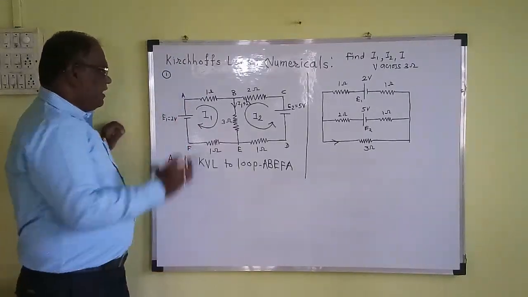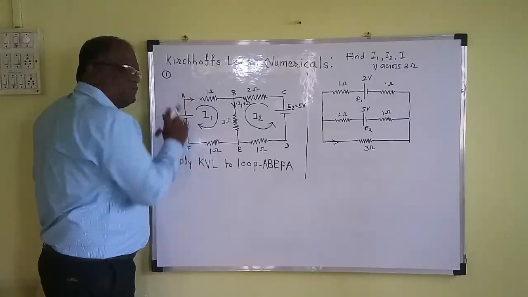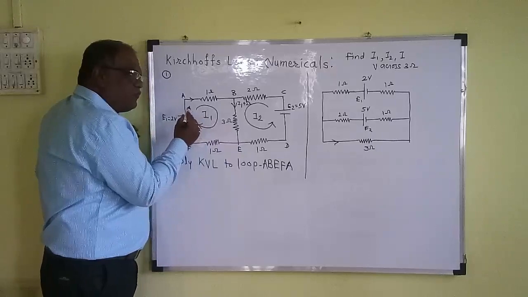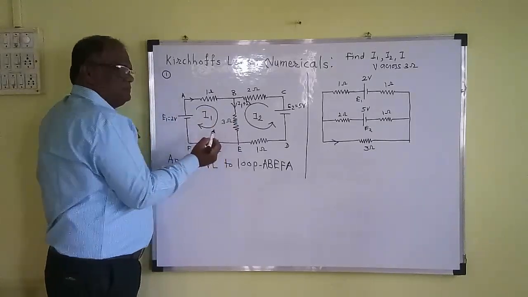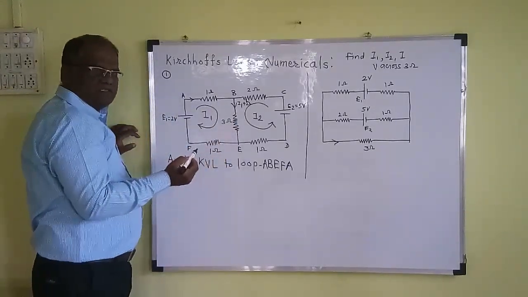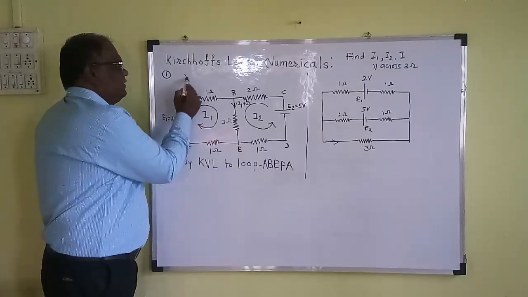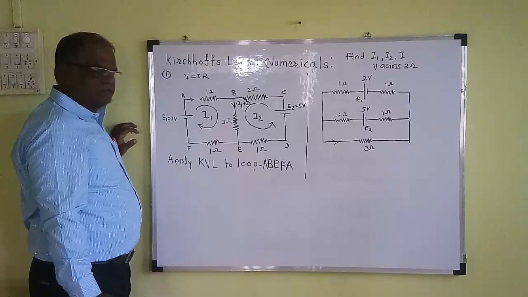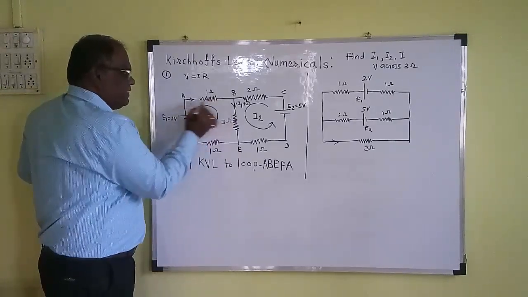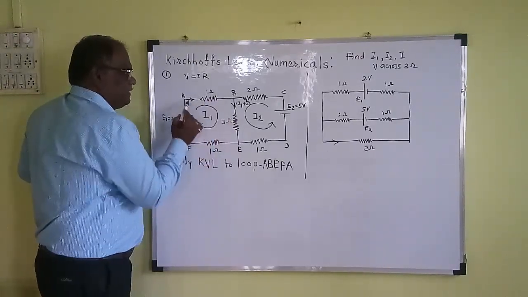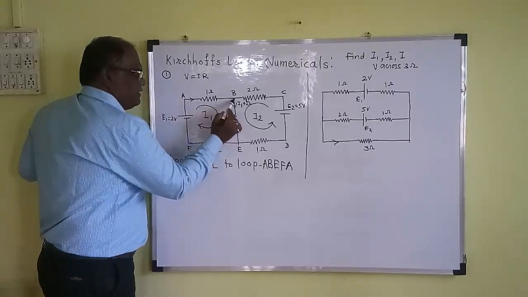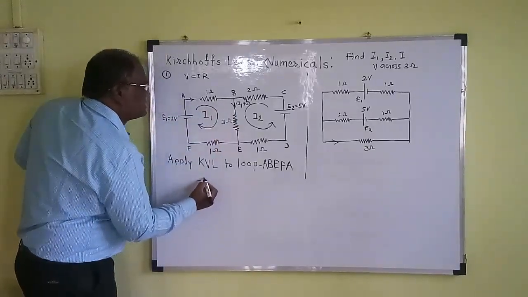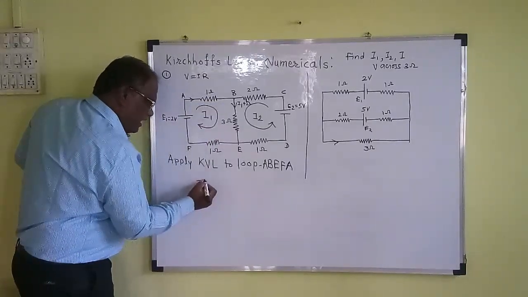We know that when writing the loop, when you are moving in the direction of current, then the potential difference, that means the product V is equal to IR, is written as negative. See here, between the points A and B, current flows in the direction A to B. Hence our equation becomes minus 1 I1.